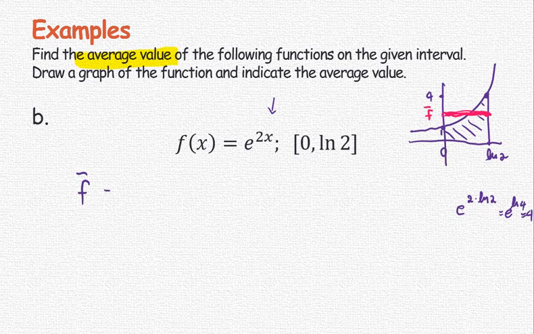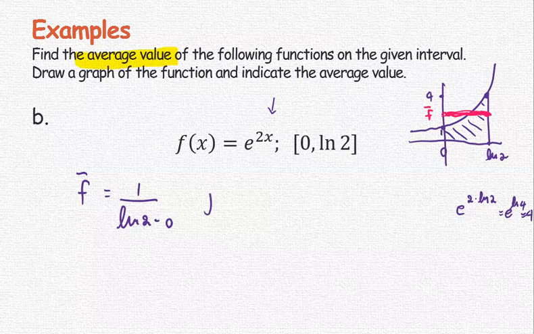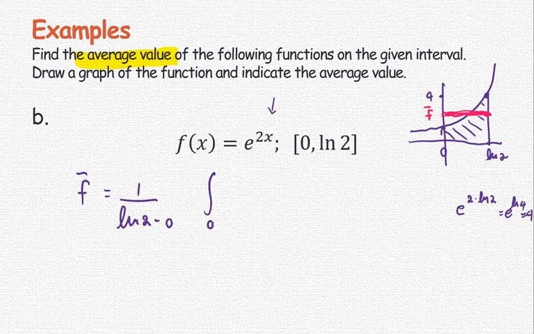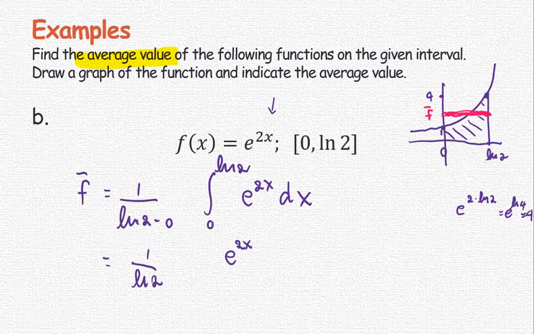find the f bar, which is 1 over the width, or b minus a, or natural log 2 minus 0, multiplied by the definite integral from 0 to the natural log 2 of the function e to the power 2x with respect to x. For the e to the 2x, the antiderivative is 1/2 e to the 2x. Remember backward chain rule?